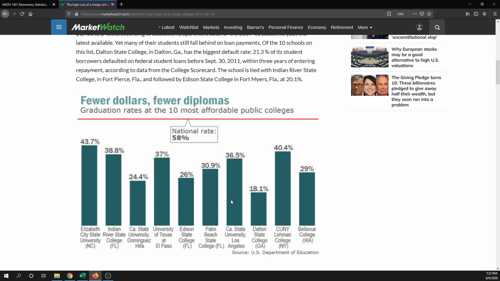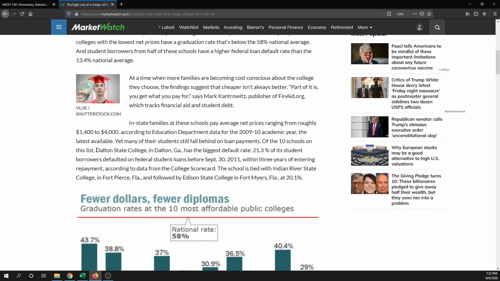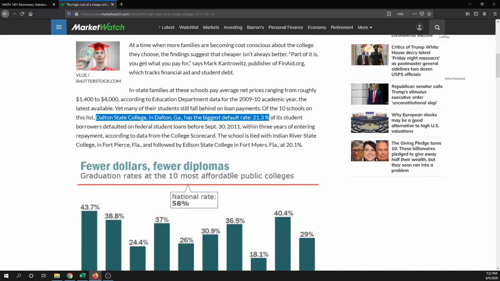You can see their conclusion in this article is that if you go to a more expensive college, you'll be more likely to graduate, which is complete and total hogwash. It is not true at all.